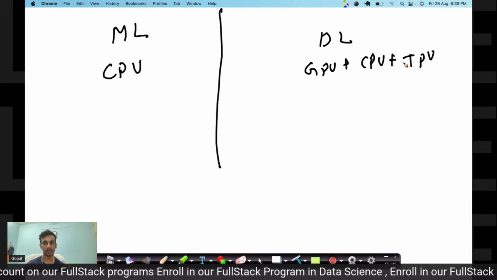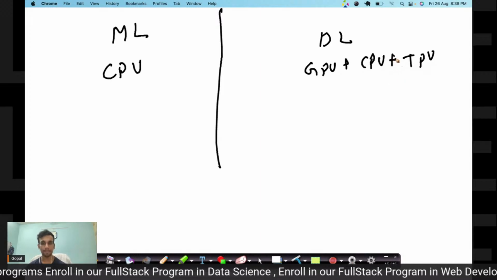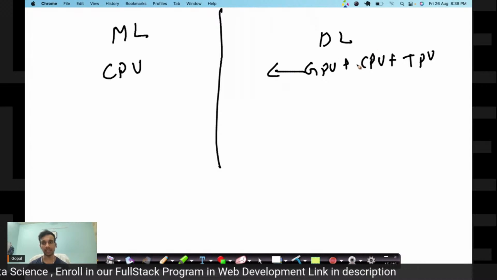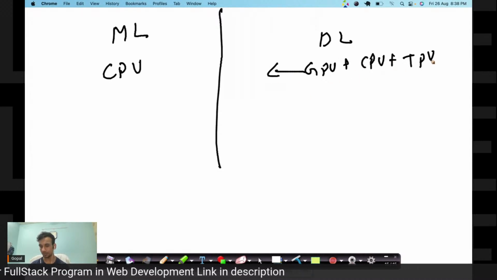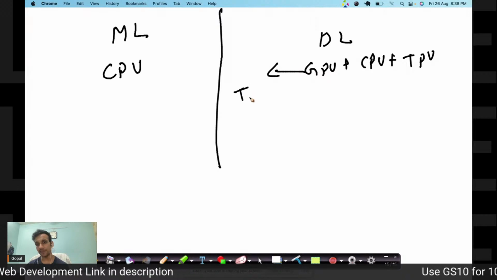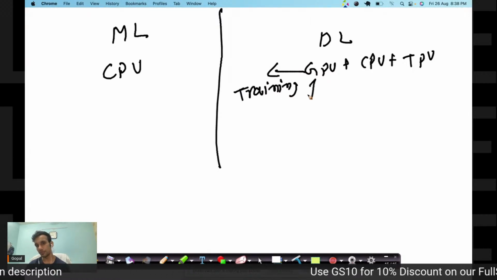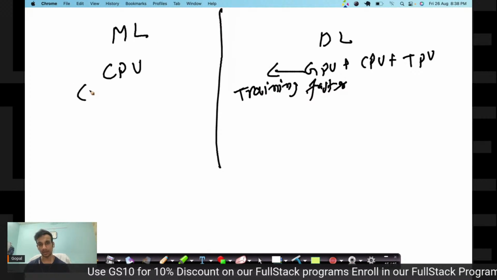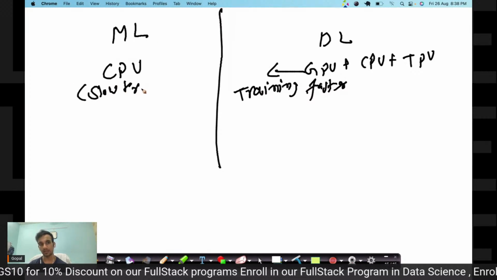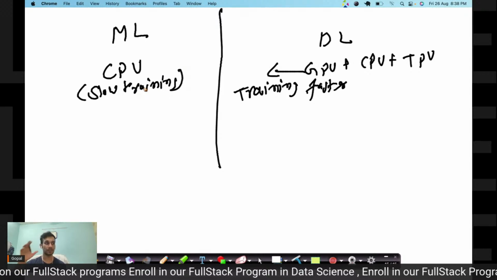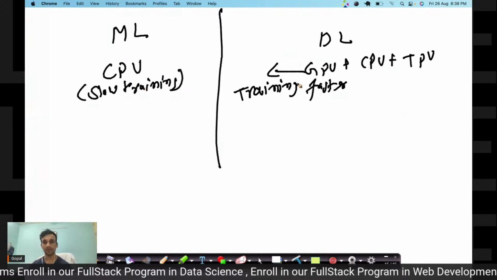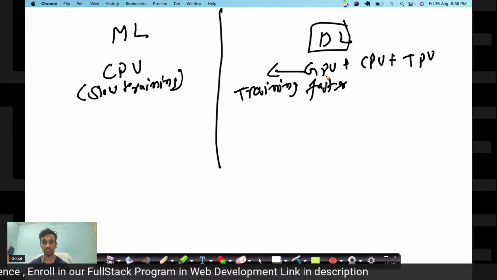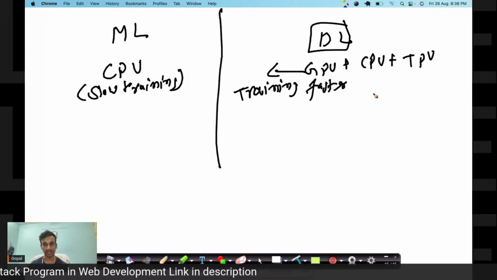I will come back to what exactly tensors are in a while. But GPU plus CPU plus TPU makes training faster, compared to ML, which has slow training. When we have a larger corpus of data, a large amount of data, in that case you can use deep learning and take advantage of GPU, CPU and TPU, either of those architectures.